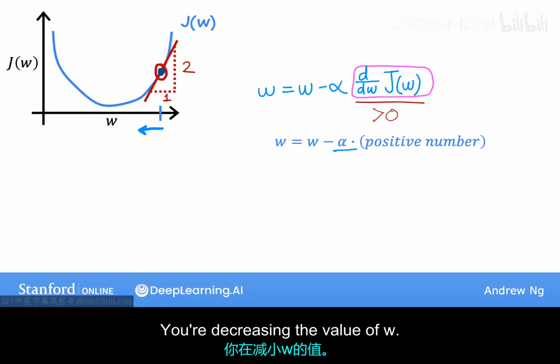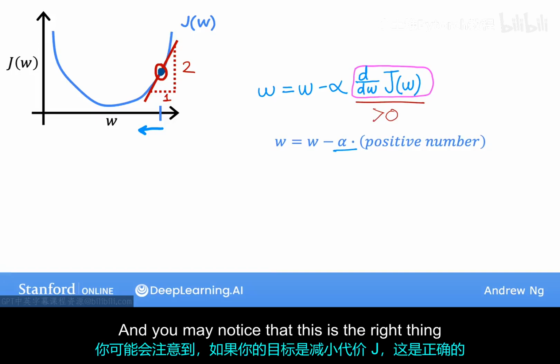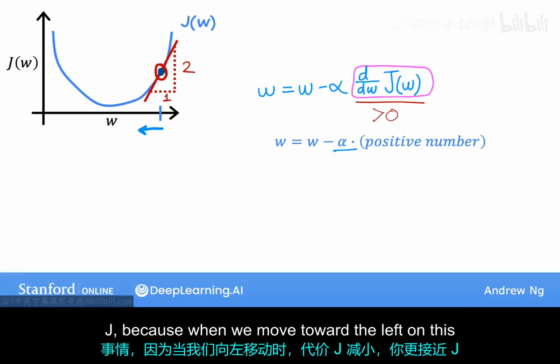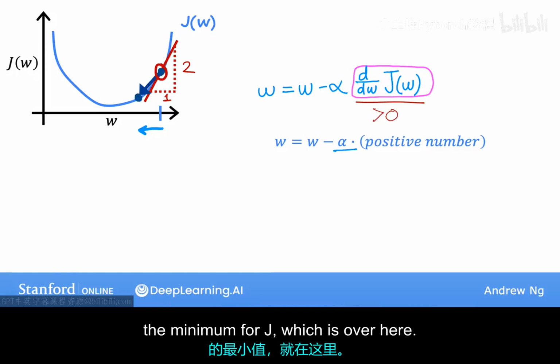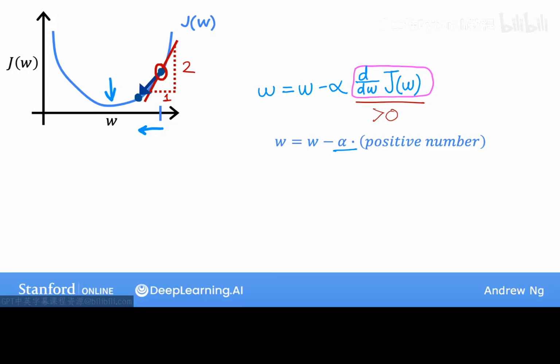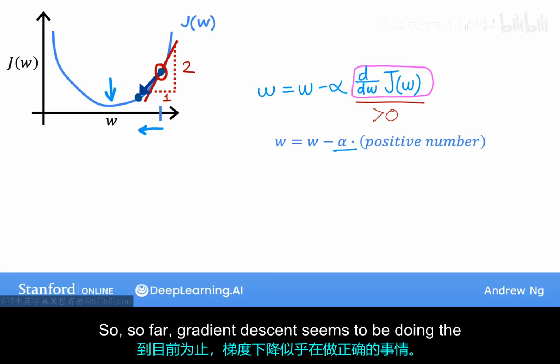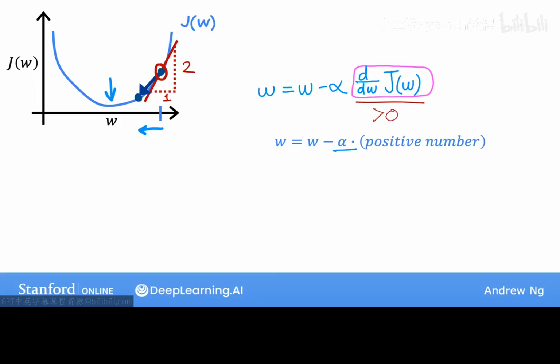You're decreasing the value of w. And you may notice that this is the right thing to do if your goal is to decrease the cost J, because when we move toward the left on this curve, the cost J decreases and you're getting closer to the minimum for J, which is over here. So far, gradient descent seems to be doing the right thing.